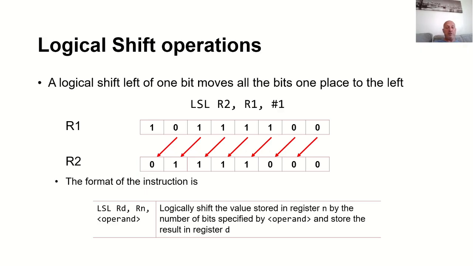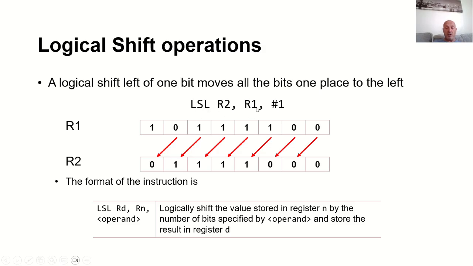Right, final 2 instructions. Logical shift operations. So we can move the bits that are in registers one way or another. Just slide them across. So if we want to slide the numbers to the left, logical shift left.